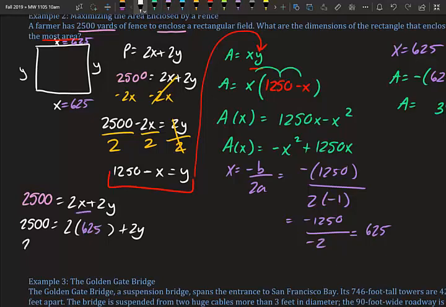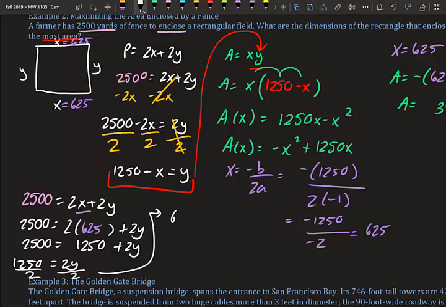And we have 2,500 equals 1,250 plus 2y. So we subtract it over. We'll have 1,250 equals 2y. Divide by 2, and we get 625 equals y. So coincidentally, this is a square, but we didn't know that. So our dimensions are 625 by 625.